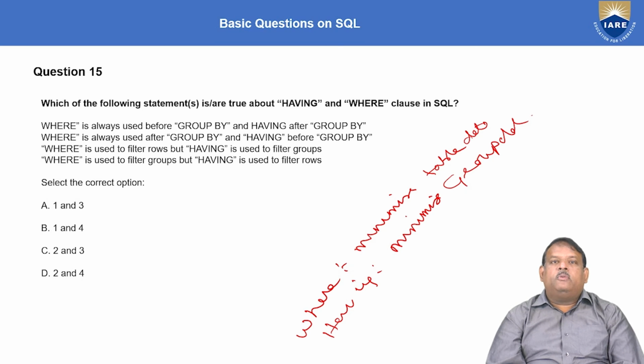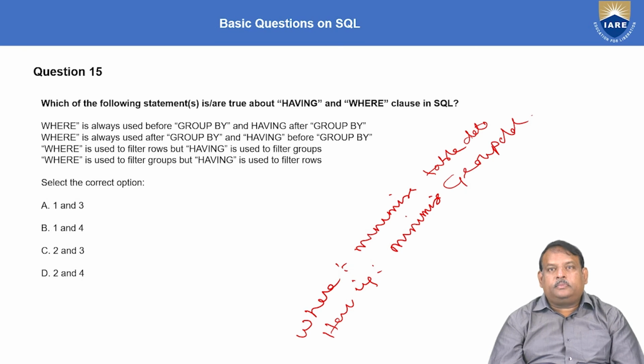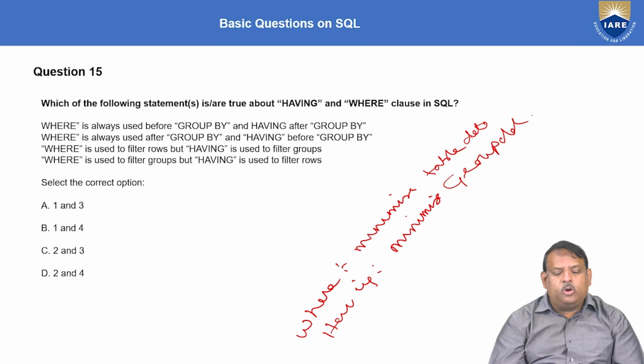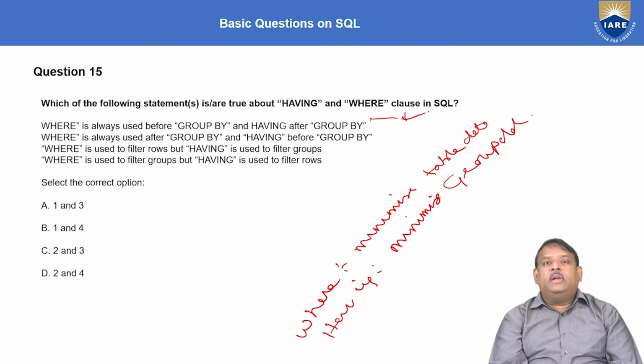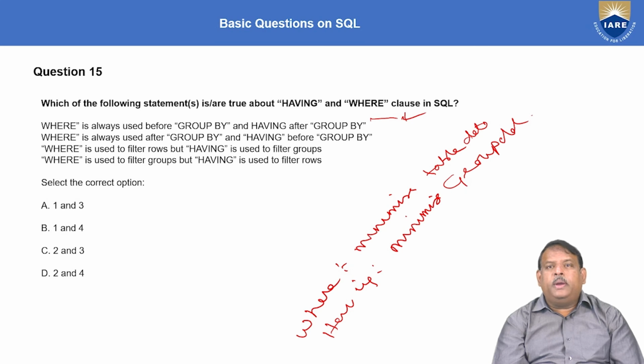Now we'll see what the options are. Where is always used before group by and having after group by. So the where clause is used before group by, correct, and having is after group by. So one is a likely answer. Where is always used after group by and having before group by, wrong answer.